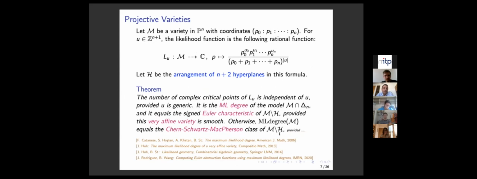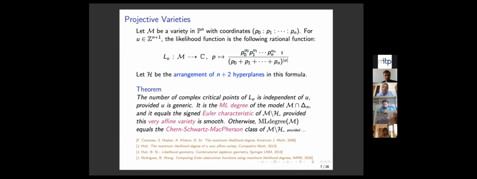Say M is a projective variety. We collect data, let's say an integer vector u of length n plus 1. And then the likelihood function is a rational function on projective space that we restrict to the variety. It's simply given by the product p0^u0 up to pn^un.